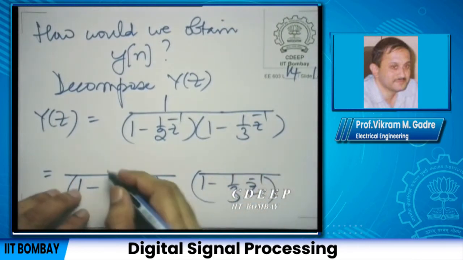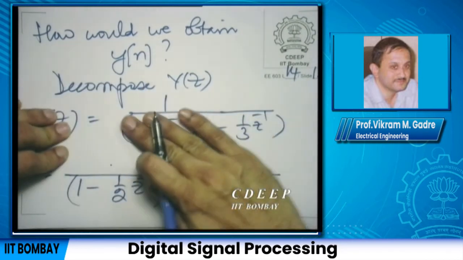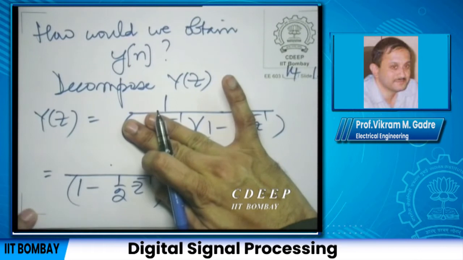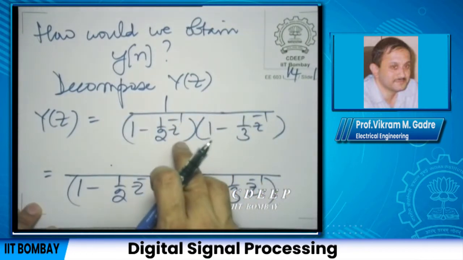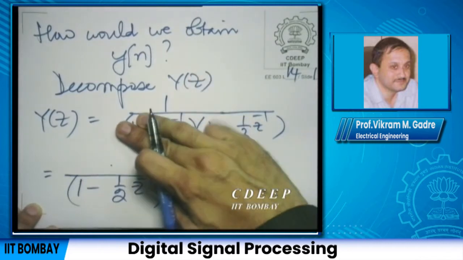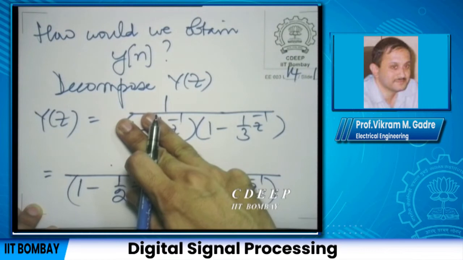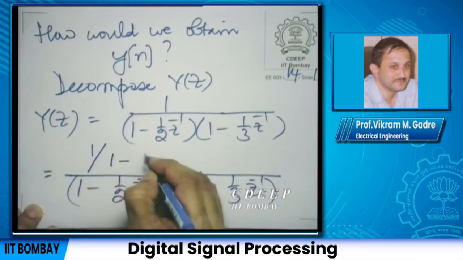When I want to find this factor, I multiply y z by 1 minus half z inverse and put z equal to half. So, essentially I am multiplying by 1 minus half z inverse and making this factor 0. So, I get 1 minus 1/3 into half inverse, that is 2. So, I have 1 by 1 minus 2 by 3.